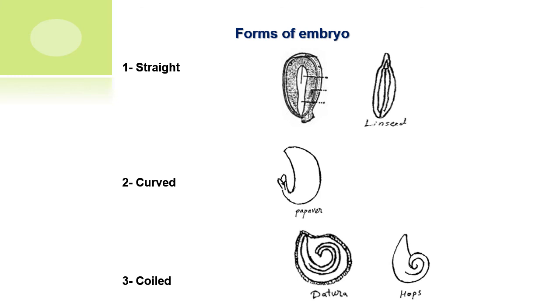Two cotyledons, one radicle, here the cotyledon and radicle are on one line. Curved, in which the radicle starts to curve or has a slight curve in front of the cotyledon. Coiled, when the cotyledon has spiral or coiled development or growth, against a straight embryo, as in datura and hops.